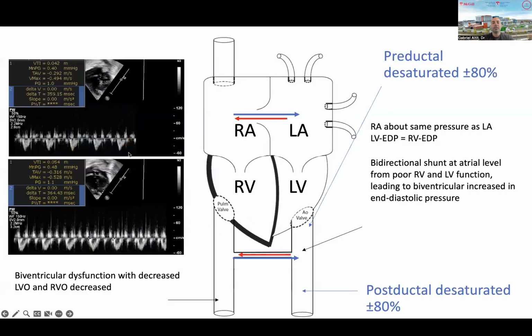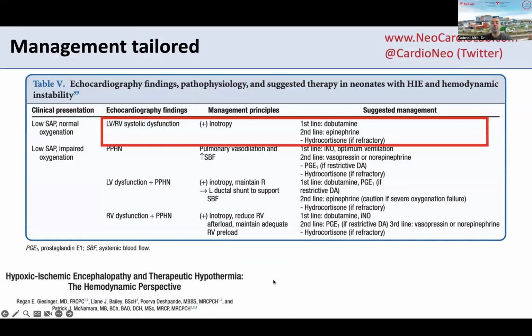And so these patients typically have low output from both ventricles, and these patients are particularly prone to organ hypoperfusion. And they are typically relatively blue if there's a high fraction of deoxygenated blood entering at both the pre and postductal areas. And so in these contexts, when you have biventricular dysfunction, again, these patients are typically covered with inotropic support.